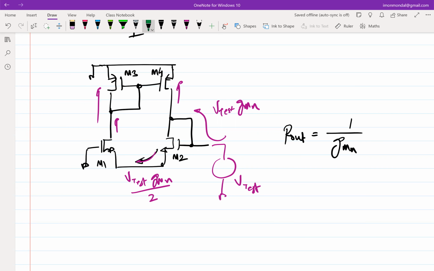Then for this one, the current is going, so same current will. Correct. So I also neglected the GDS of M4. But is that a good enough approximation? So if I didn't neglect the GDS of M4, what would have been the current through that GDS of M4?